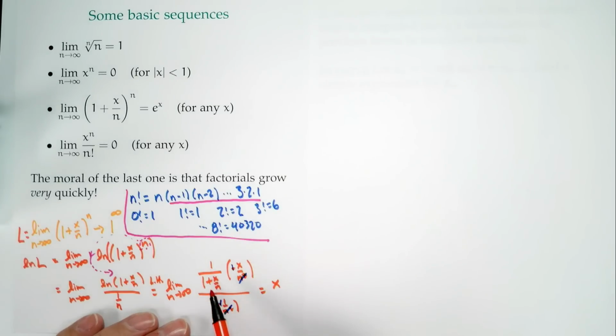That makes it 0. That's just 1. So that means our limit is x. Wait. Not quite. Go back. The log of our limit is x. So, if the log of our limit is x, and to get rid of the log, we use the exponential function, our limit is e to the x. And that's how we get that result.